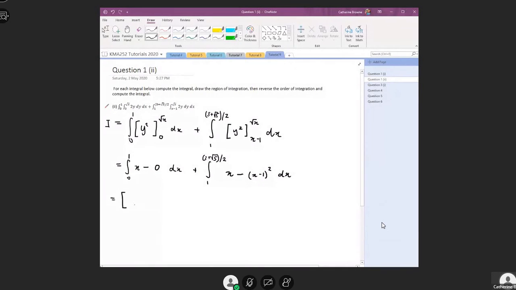And then we integrate with respect to x, so we get x squared on 2 from 0 to 1 plus, so this becomes, if we expand and simplify, 3x minus x squared minus 1 dx.